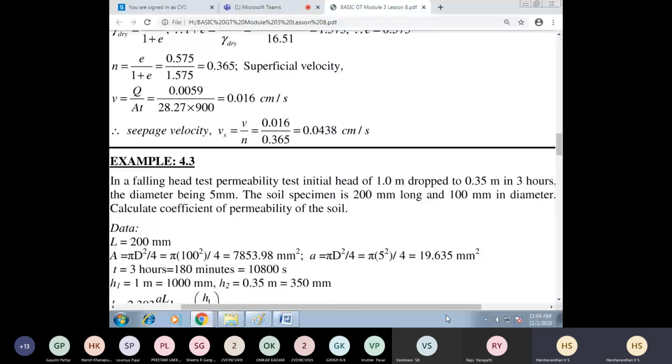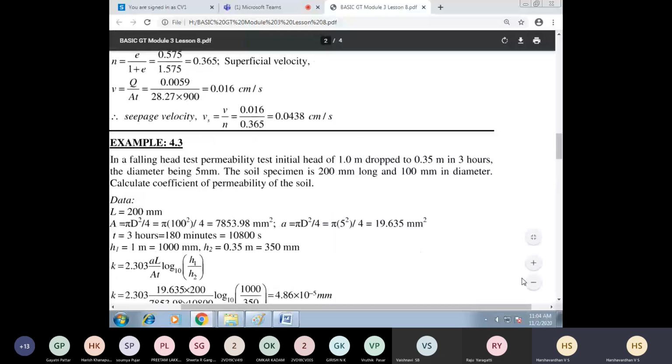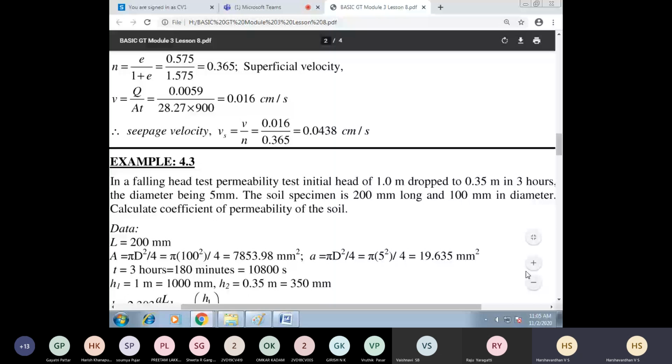The diameter being 5 mm. The soil specimen is 200 mm long and 100 mm in diameter. Calculate the coefficient of permeability of soil.